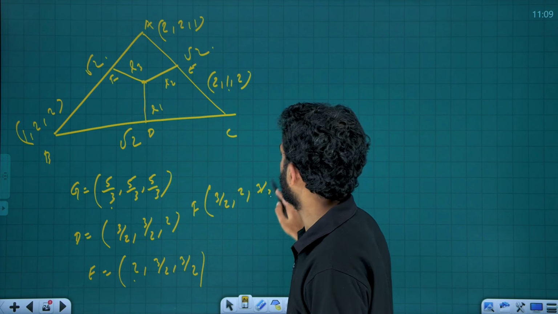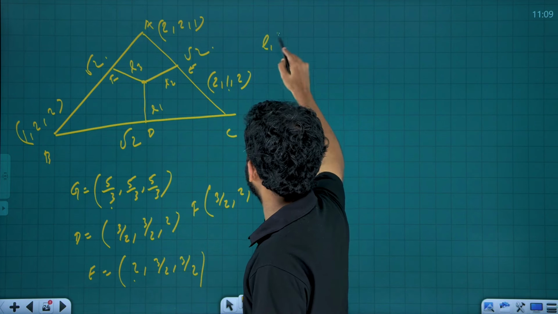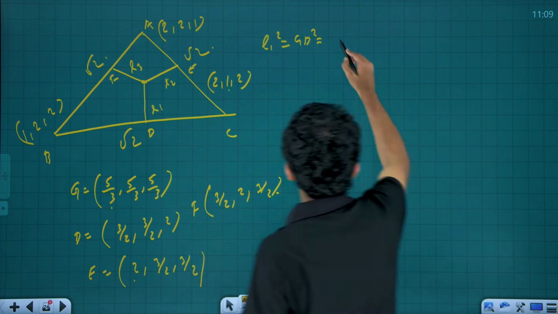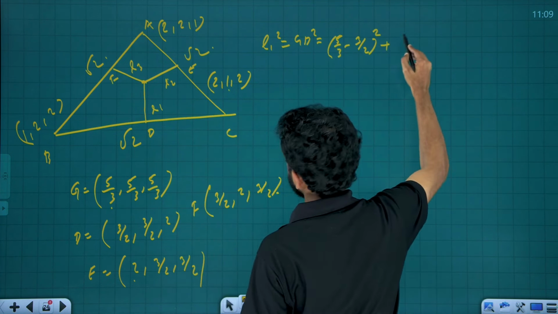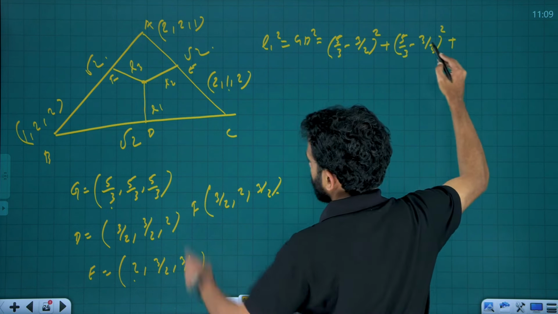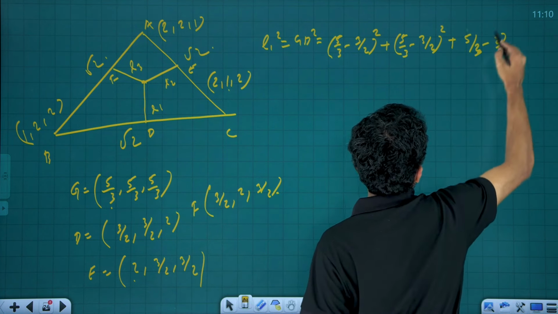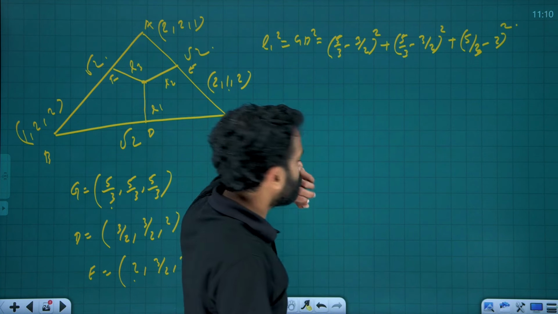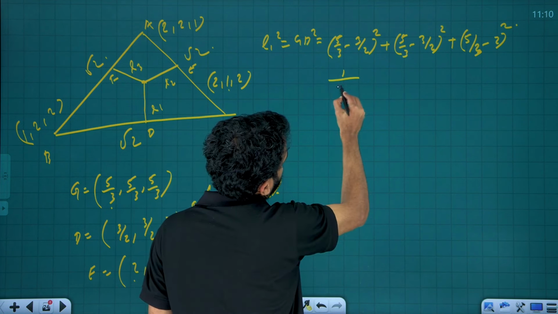So GD is L1, that is L1 square is equal to GD square. GD square is 5 by 3 minus 3 by 2 the whole square, plus 5 by 3 minus 3 by 2 the whole square, plus 5 by 3 minus 2 the whole square. The first becomes 10 minus 9, 1 by 6, that is 1 by 36.